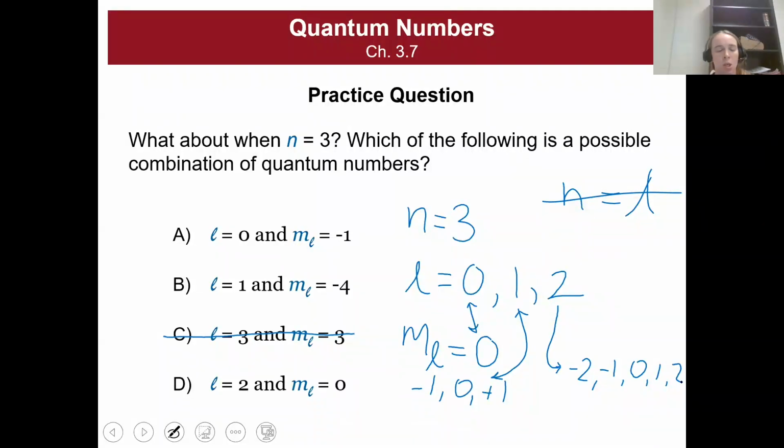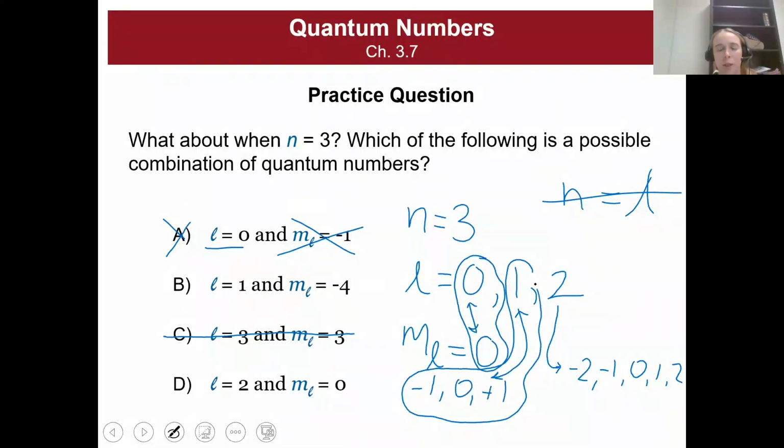So let's look at our choices now. So L equals 0, that's fine. But when L equals 0, m sub L has to equal 0. It can't be -1. And let's look at the next one. So L equals 1 and m sub L equals -4. So that's also not good because if L is equal to 1, then m sub L has to be between negative 1 and +1.